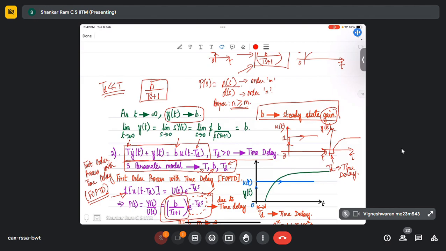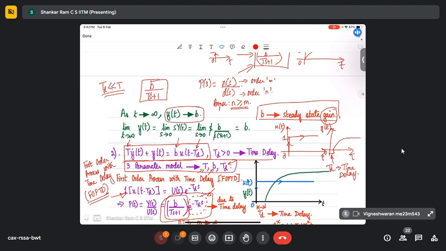So that's the reason why, by and large, even most practical systems, the physical phenomena are such that they lead naturally to proper transfer functions.